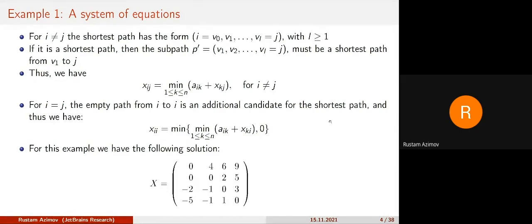And for special variables where the source and destination vertices are the same, we also must look at an additional candidate for the shortest path. It is the empty path.